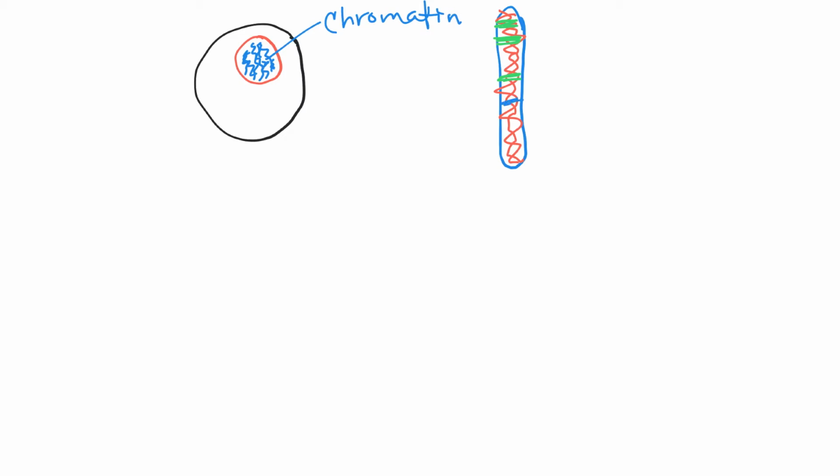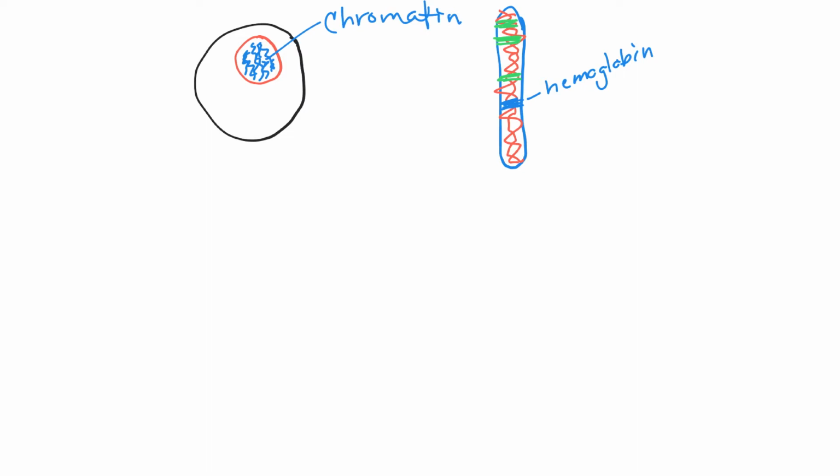So this might be the gene for hemoglobin, depending on what chromosome it is. Each chromosome contains genes for different proteins, and genes are basically just sections of a chromosome.